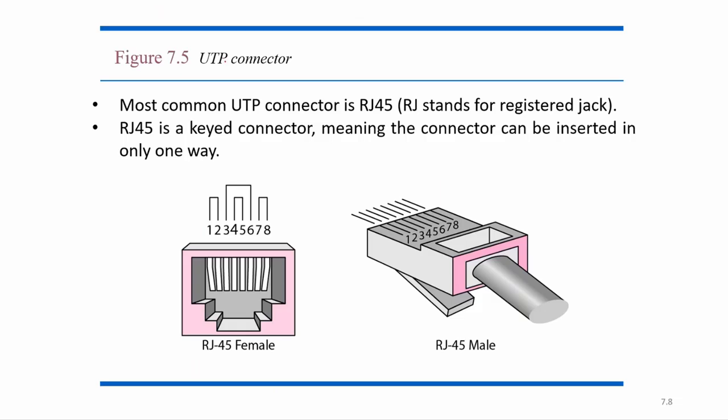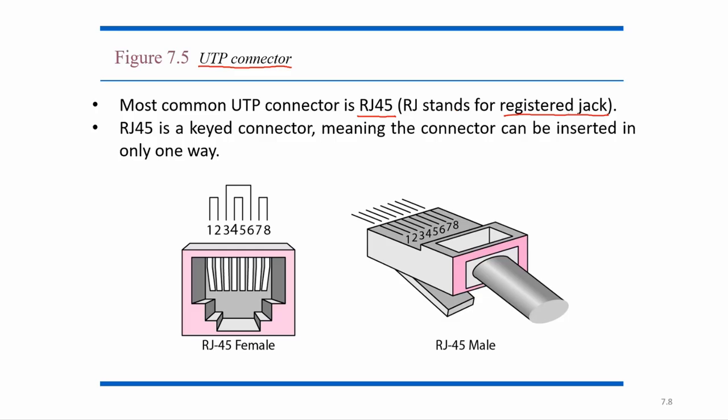Next are UTP connectors. What different connectors are there? You might have already seen RJ45 connectors. These RJ45 connectors are used with UTP, that is unshielded twisted pair cables. The most common UTP connector is RJ45. Here RJ stands for registered jack.